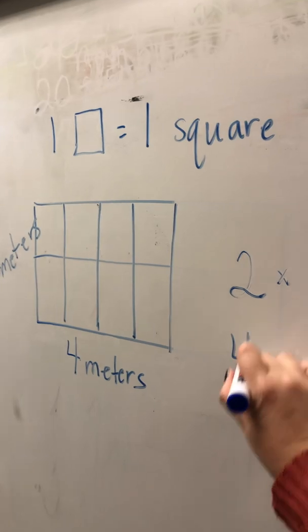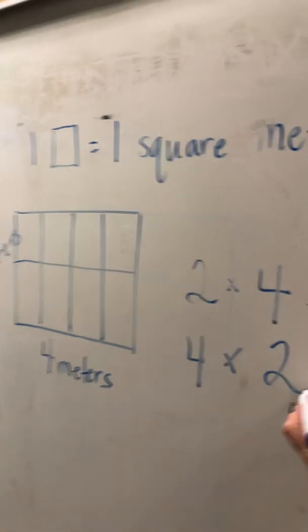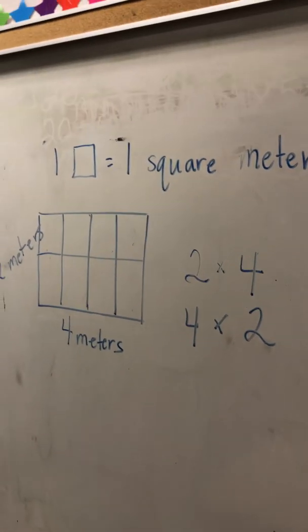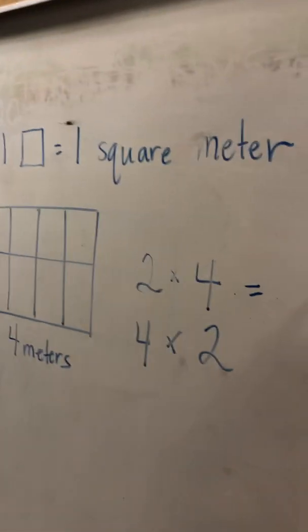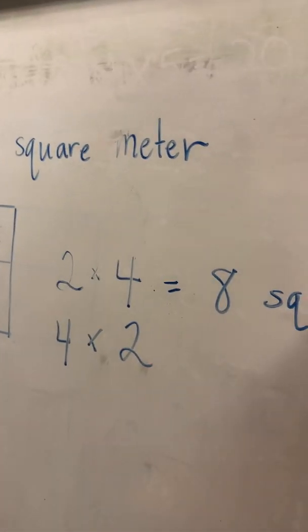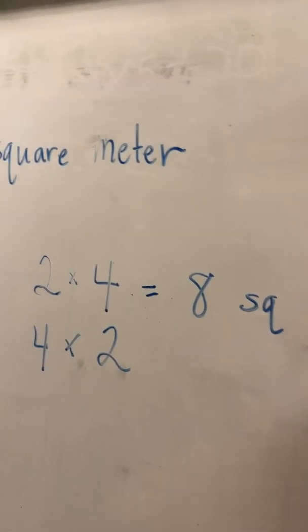Or we could take our 4 columns and multiply them by our 2 rows. Remember, the commutative property of multiplication can go in any order. And you should see that the area of this rectangular array is 8 square meters.